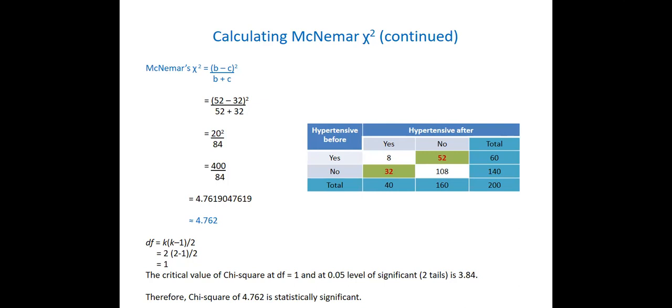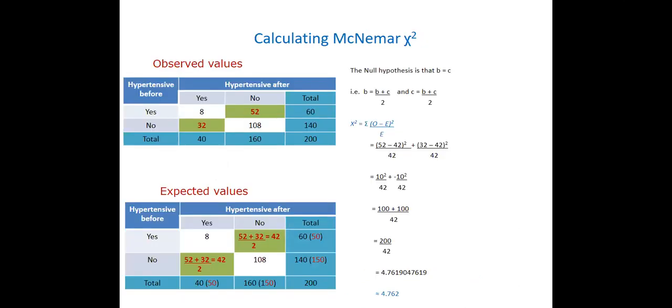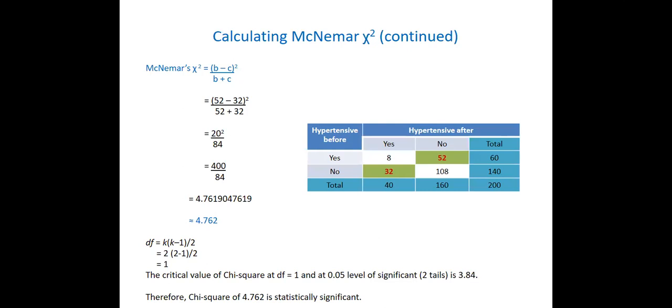Very simple. The difference of the discordant squared over the addition of the discordant. It doesn't actually matter which one you subtract from which, because when you square it, if there's any negative, it will remove it. Does it make sense? It's the same answer you got with this one, exactly. Does it make sense? Yes, sir.